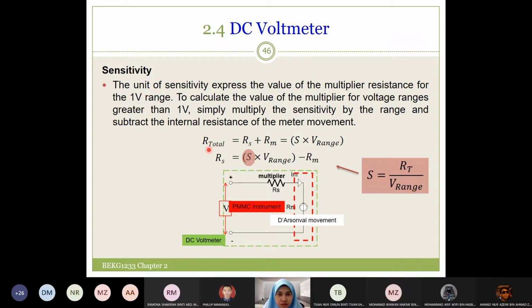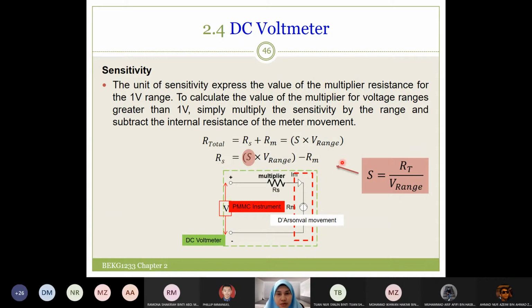In this circuit we have RS and RM, where RM is the internal resistance of the movement. R total is RS plus RM, which is also equal to S multiplied by the voltage range of the voltmeter. This is the formula: R total is equal to sensitivity multiplied by the voltage range.